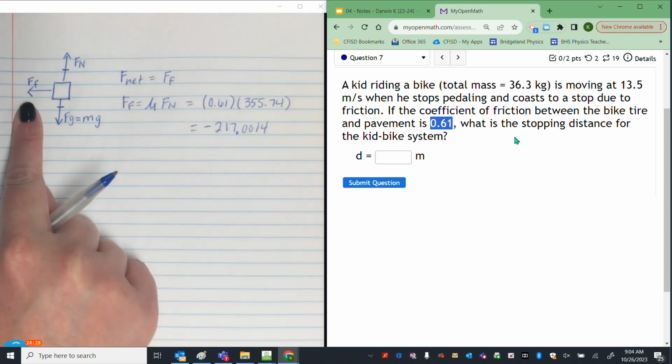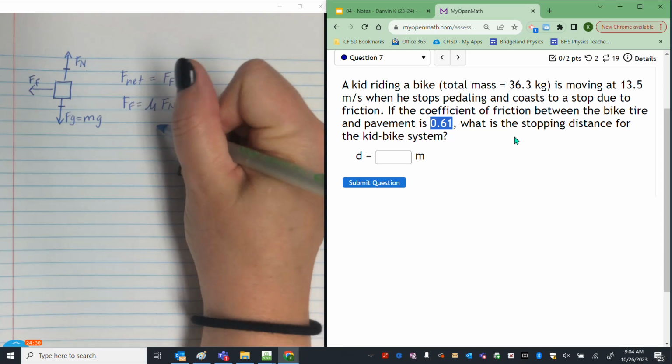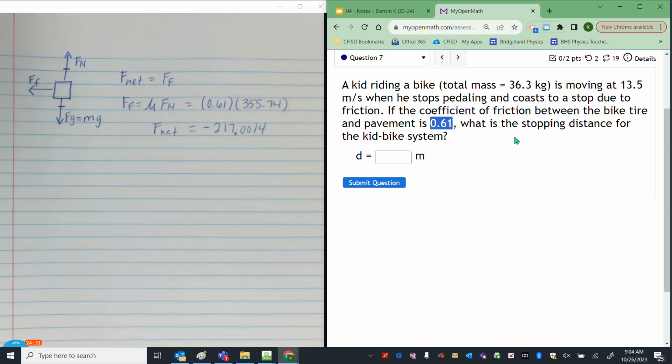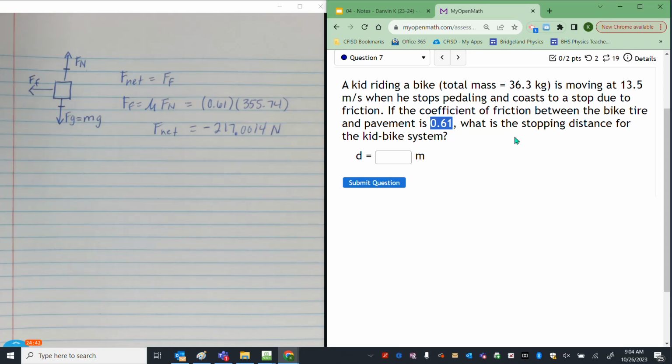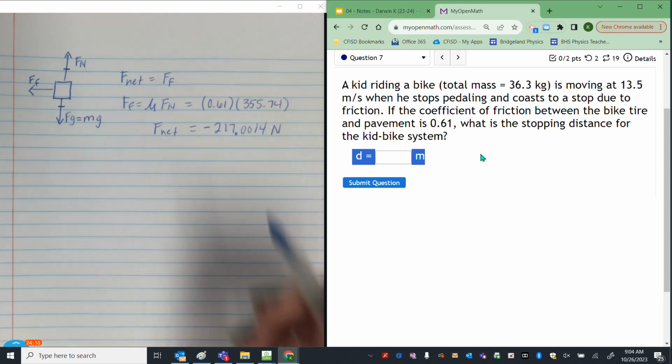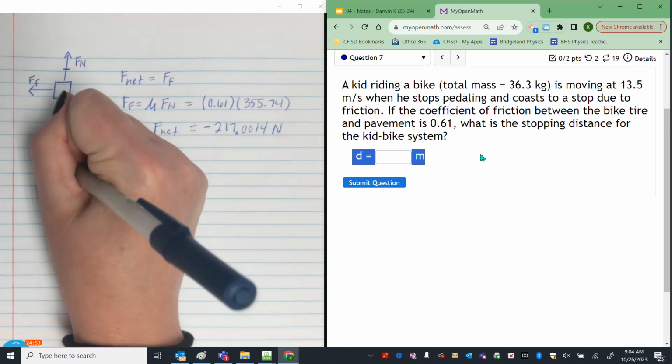So my force of friction, which is my net force, F net, is negative 217.0014 newtons. The reason I need to know that this is my net force is because now I can use my net force equation to find acceleration, and then I can use acceleration to find this distance with my kinematic equations. So F net equals ma.